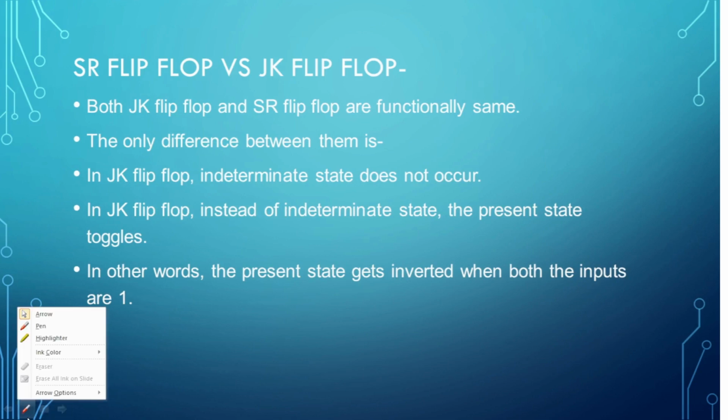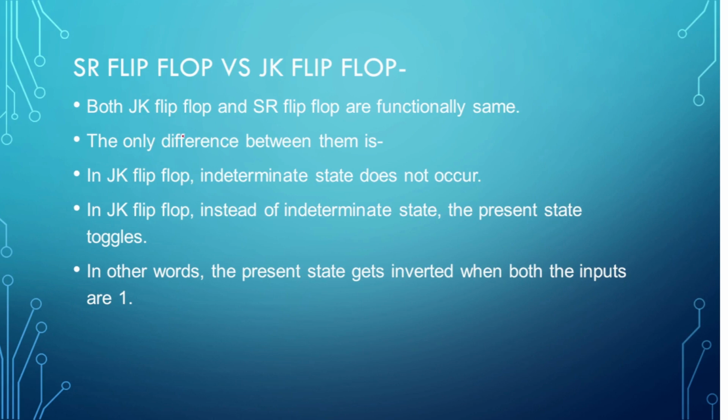SR flip-flop versus JK flip-flop. Most of the functions are similar in the SR and JK flip-flops. There are only a few differences between them. In the JK flip-flop, the indeterminate state does not exist. Instead of the indeterminate state, we have the toggle state.